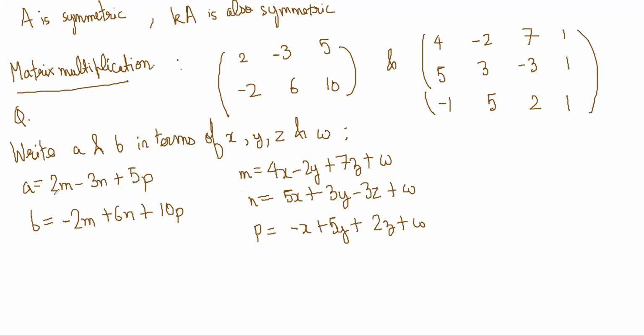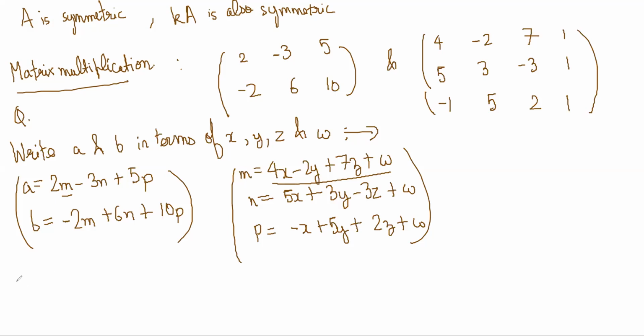So now suppose this was a question given to you. Write A and B in terms of x, y, z, and w, and you had this much information. A and B are given in terms of m, n, and p, and m, n, and p themselves are given in terms of four variables. So what would you do now? A normal person would just put the values.